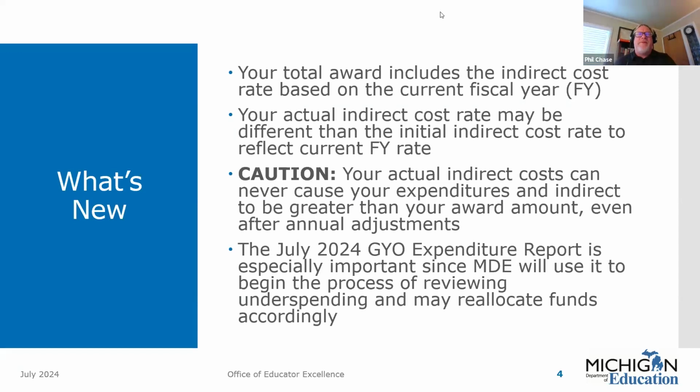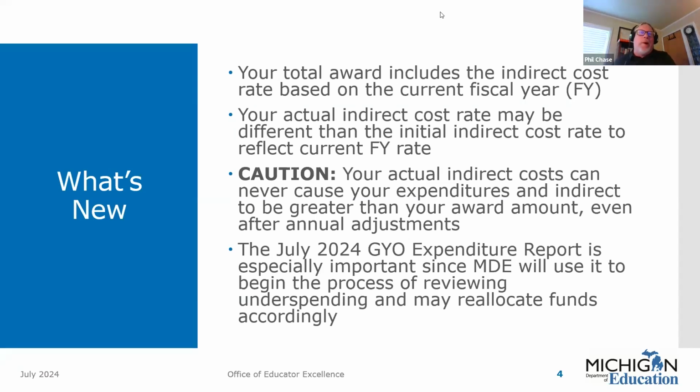But remember, that rate was set at the time of being granted the monies, which means your actual indirect cost rate may be different than the initial indirect cost rate because it's going to reflect the current rate. Wendy's going to show you on the screens how to adjust for that and how to make sure you've got the right indirect cost rate.